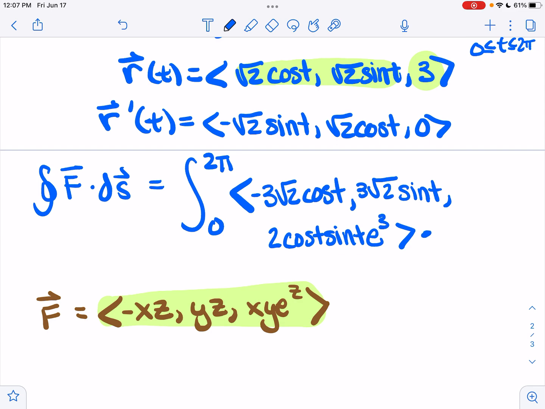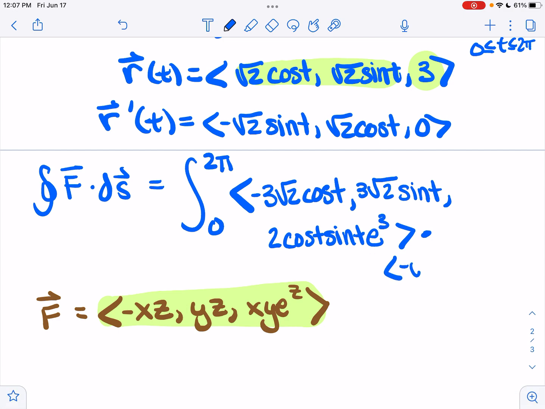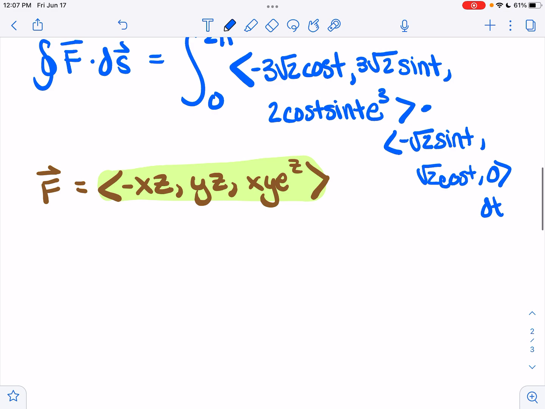Now we want that dotted with r prime, so we want that to be dotted with minus root 2 sine t, comma root 2 cosine t, comma 0 dt.